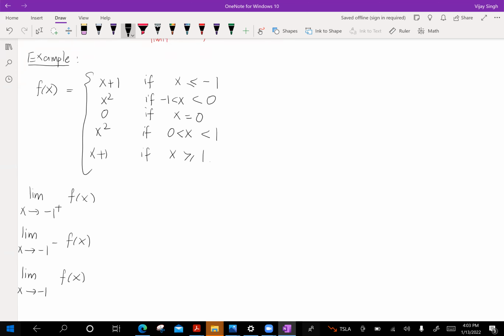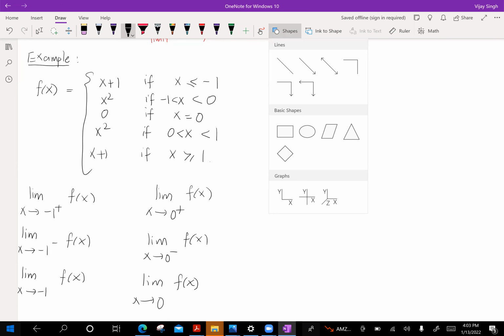Then the other problems to ask: what is the limit as x goes to 0 plus, the limit as x goes to 0 minus, and the limit as x goes to 0 of f of x? Now, although we can do this problem directly, let's draw the graph to see what is happening. Okay, so let's draw the graph.